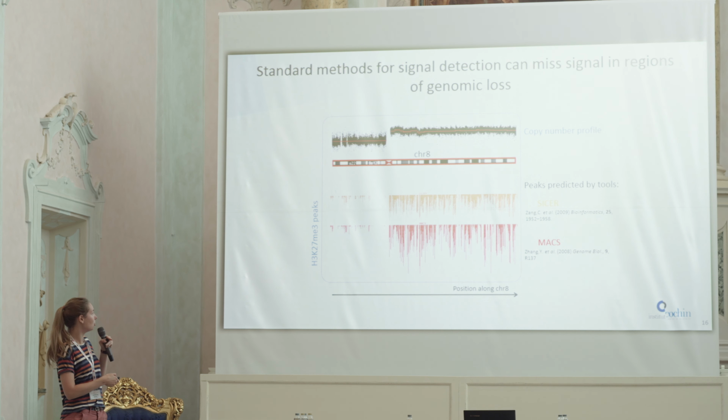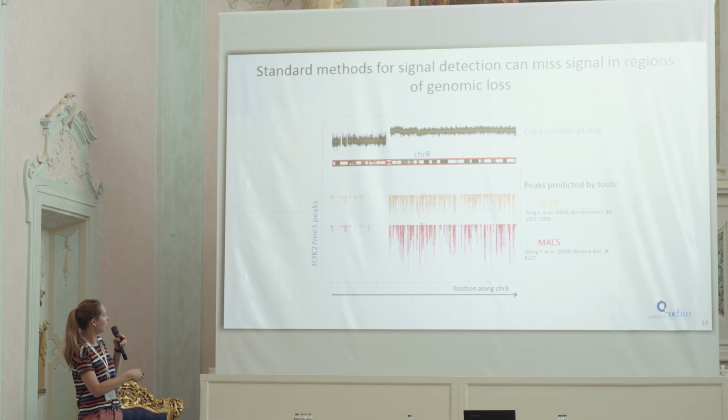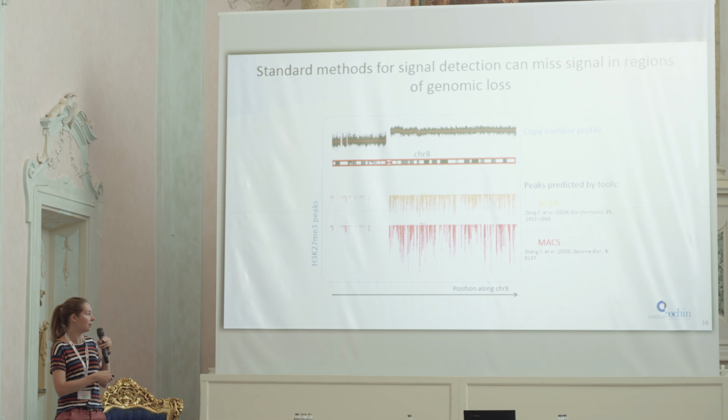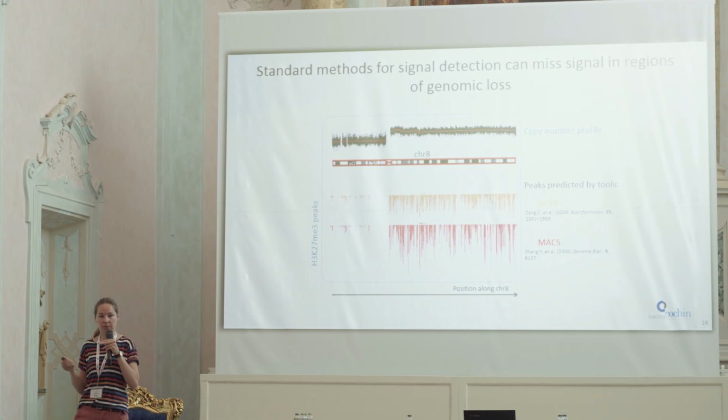Here I'm showing a piece of chromosome 8 that has a loss on the 8p region and a gain in the 8q region. This is the output of CISR and MAX. Each small rectangle is a region called by these tools. And you see that in the region of loss, these two tools didn't really call many regions. This is binding of K27 trimethylation.